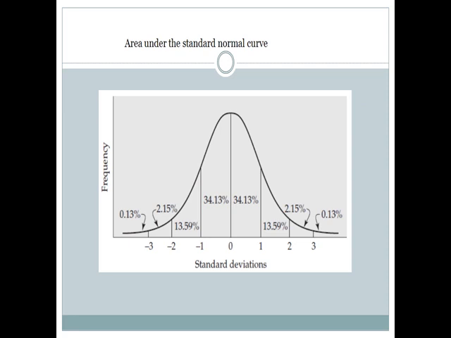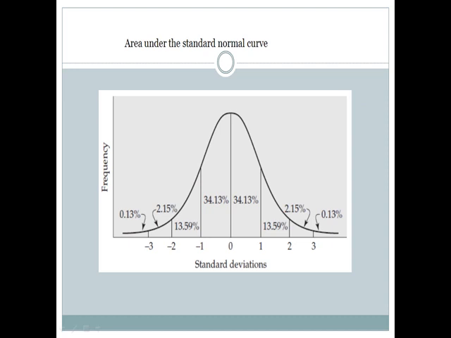Let's look at an example of what we're talking about here. So let's relate probability back to z-scores. If we have a perfectly normal distribution, which we often assume when we're dealing with z-scores, we can use the area under the curve to find the probability of finding any type of outcome.